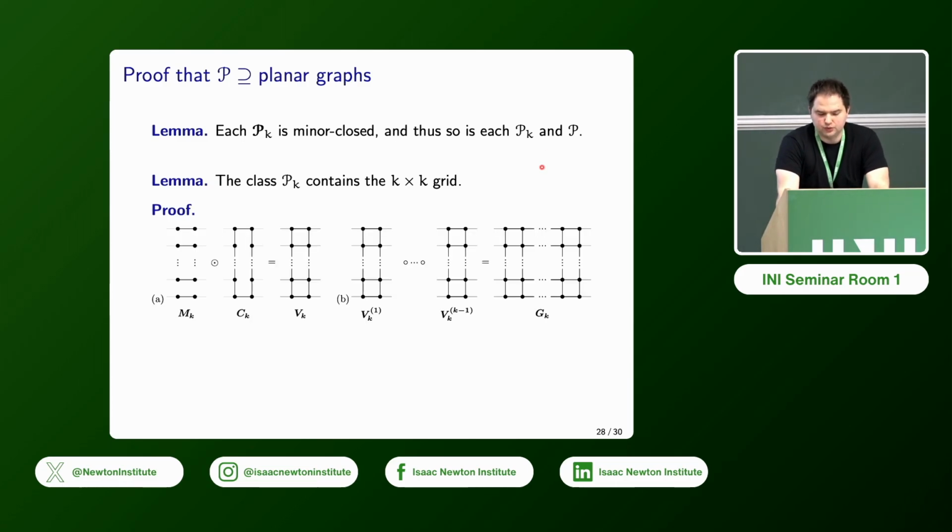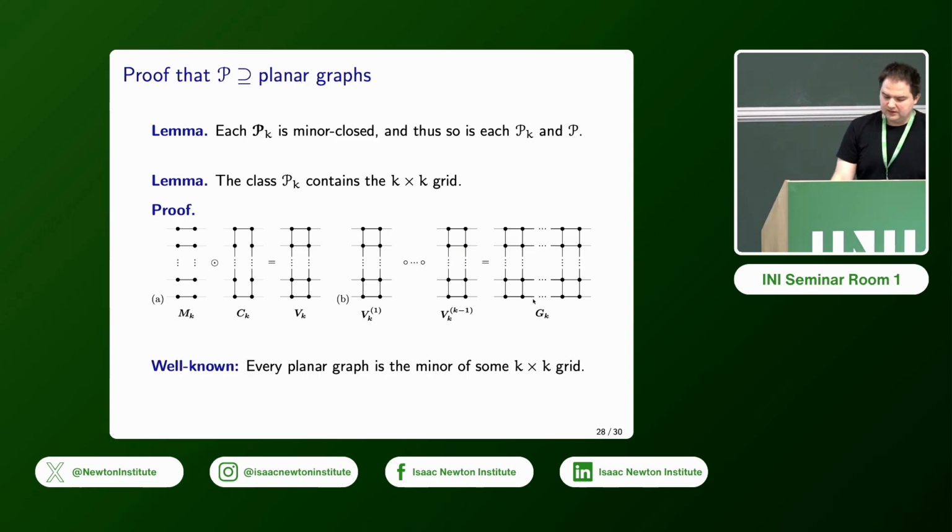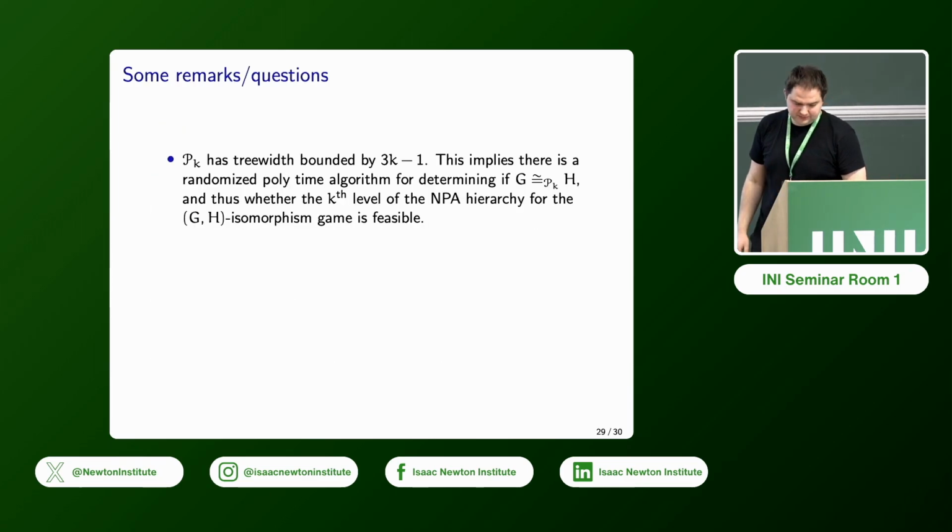So this is how we can do it. We have these atomic graphs, right? This matching, this cycle, then using parallel composition we can construct this kind of ladder, which was already shown, and then using a series composition we can construct the grid, and that's it. So every planar graph is a minor of some K times K grid, so the union of all such PK will contain all the planar graphs.